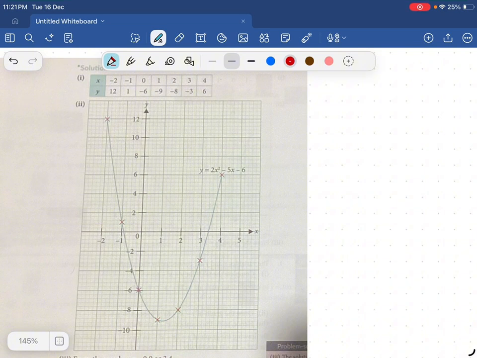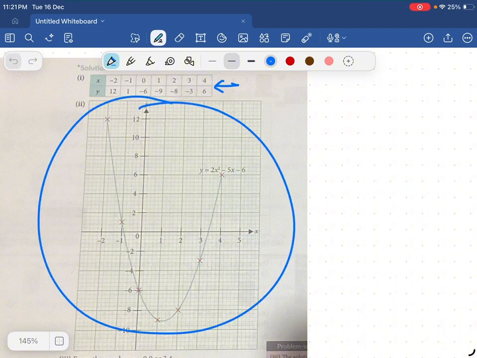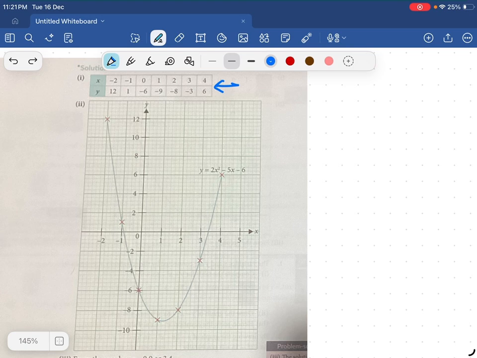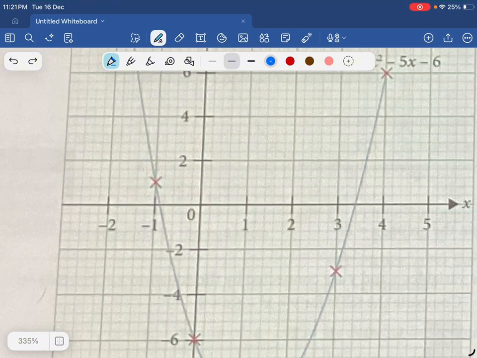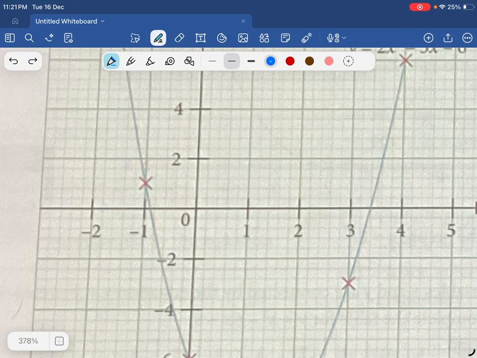They will give you a table over here at the top, and you have to use the expression to fill in the blanks. That's usually 1 mark. Then using those points, you draw out the table, which is here, and you draw the graph, which is here, using your graph paper. And from there, identify the x-intercepts.